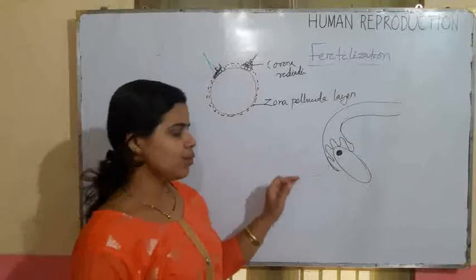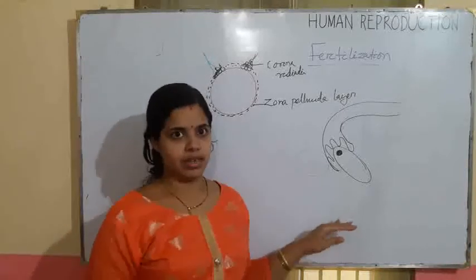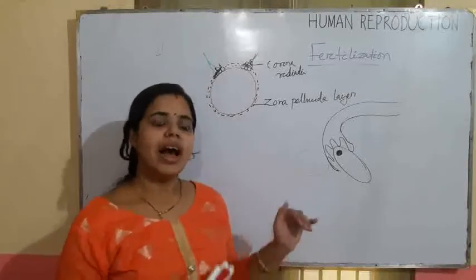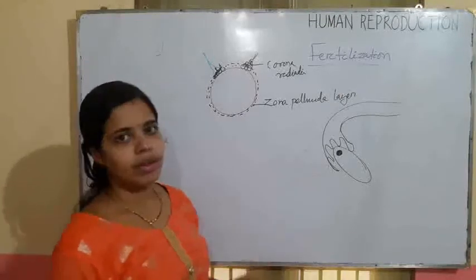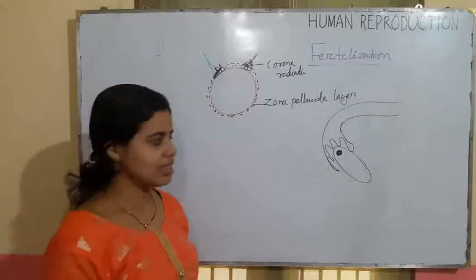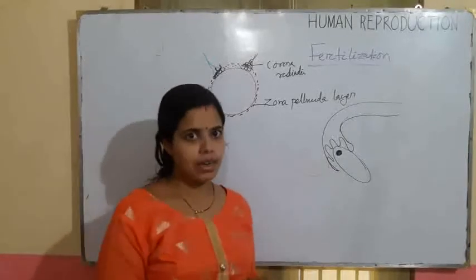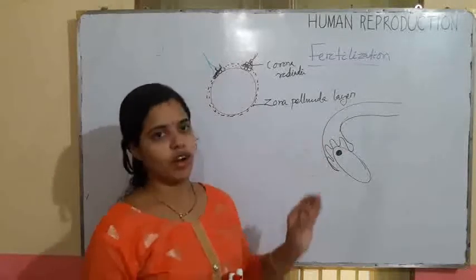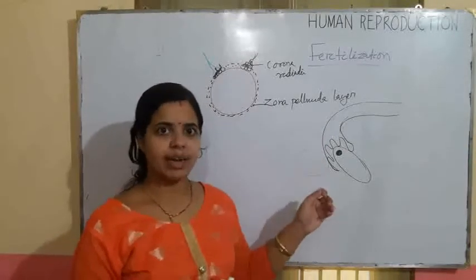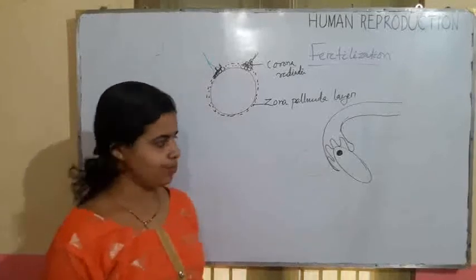When the primary oocyte undergoes meiotic division to form the secondary oocyte, the secondary oocyte then has to form the ovum, or you can say ootid. But in the secondary oocyte formation, it gets arrested at metaphase of meiosis II.